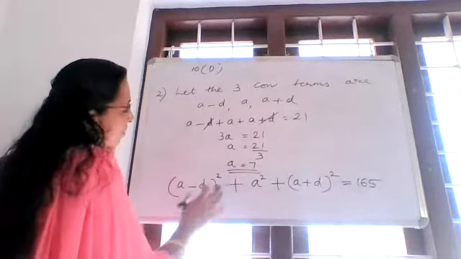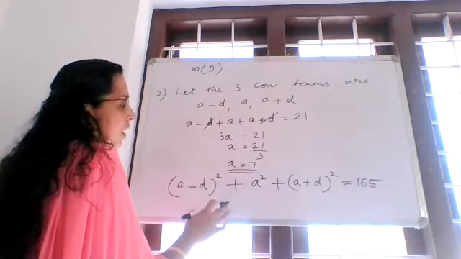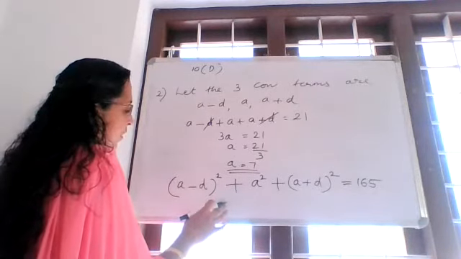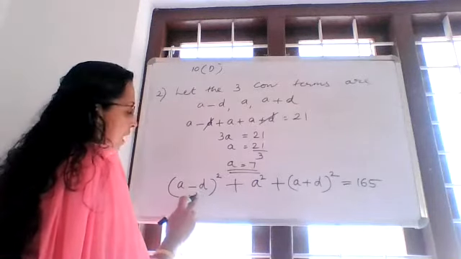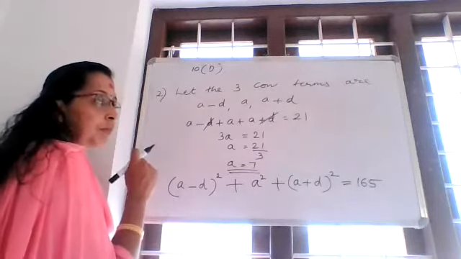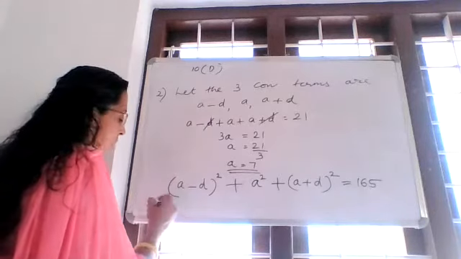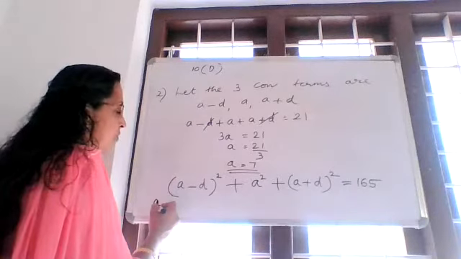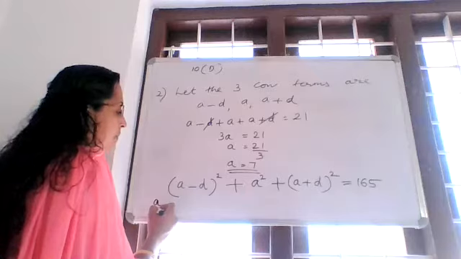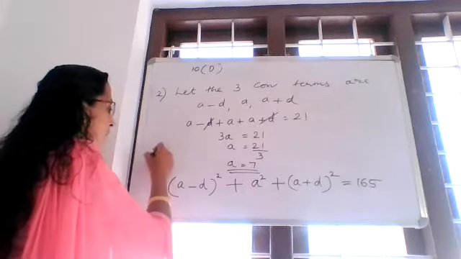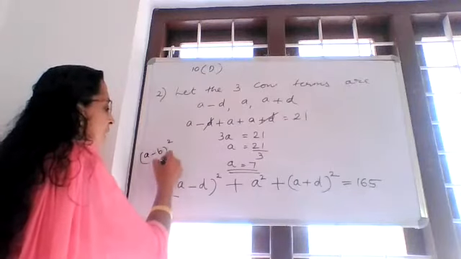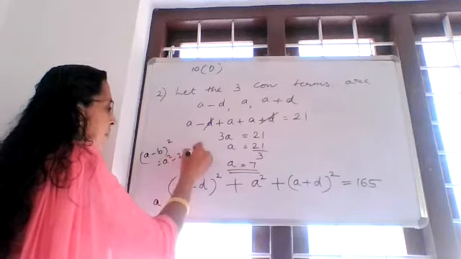Before substituting, first we expand the a minus d whole square form. After that, last we can substitute. (a minus b) whole square is a square minus 2ab plus b square.